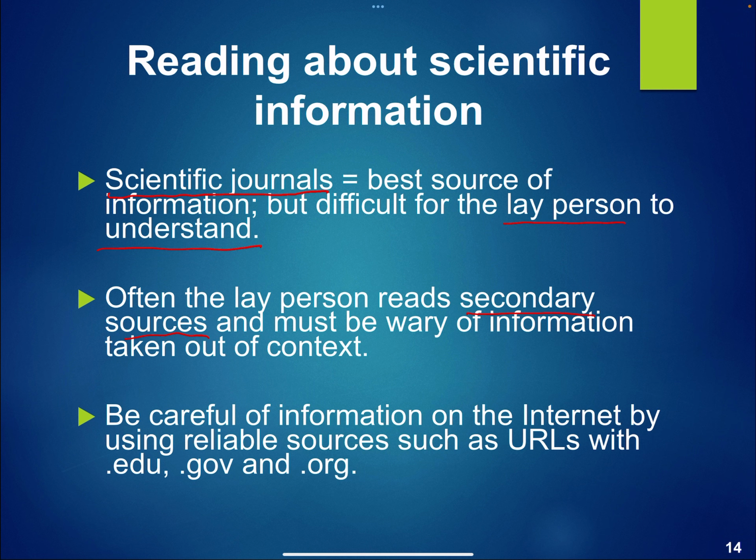But the problem with that is that the person who is making the information easy for the layperson to understand can make mistakes in interpreting the scientific information, which causes a lot of confusion in the population. So we have to be careful where we are obtaining our information from.